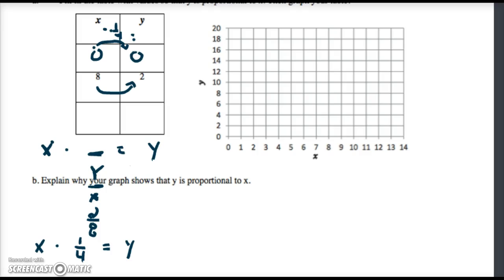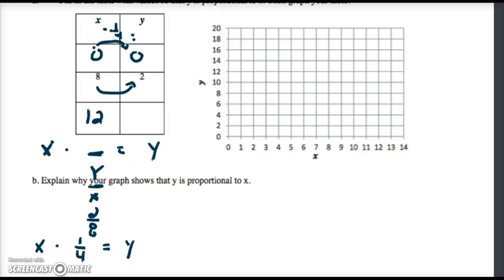Okay? So now we have 8, 2 and 0, 0. We need a third and final point. We've already used 8. What could be another x value that could work well or would be easy to use? Think about the x values that could be in our table. The x value that is greater than 8.